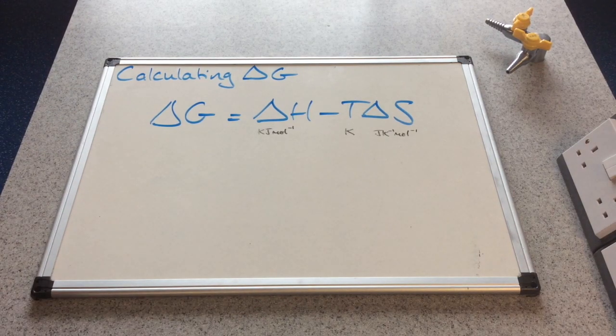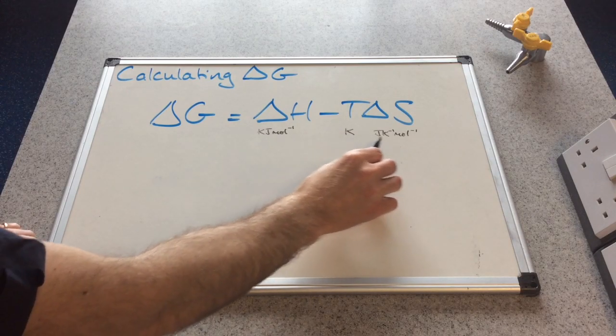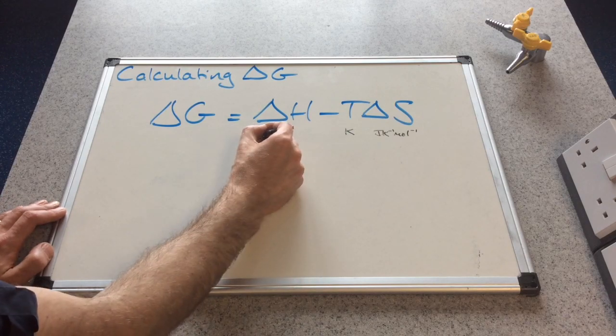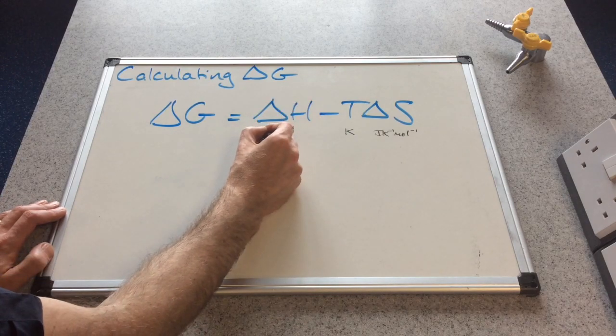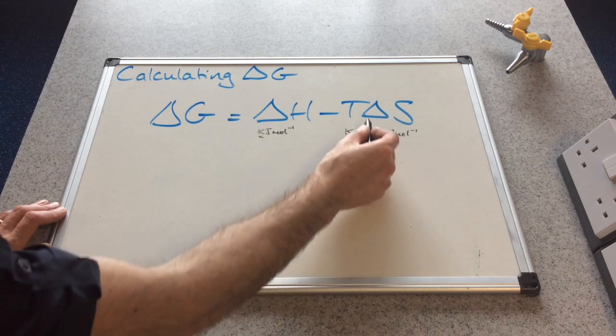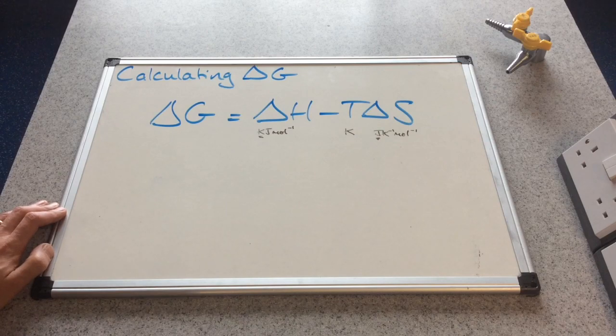Now, straight away, if we're not careful, we could run into some problems with this equation. You can see I've written up the units for delta H, temperature, and delta S. The first point I want to make is delta H is typically kilojoules per mole, and delta S is joules per Kelvin per mole. So we've got kilojoules and joules, and you need to work in the same units.